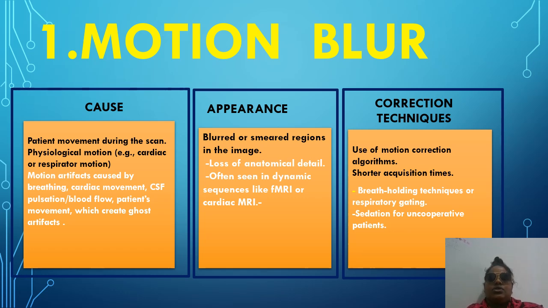A sedative for uncooperative patients due to their movement. This sedative is usually given if the patient has tremors or claustrophobia, and we need to do the MRI for diagnostic purposes, so we work with the sedative to avoid the motion blur. Motion blur is the most common blur.